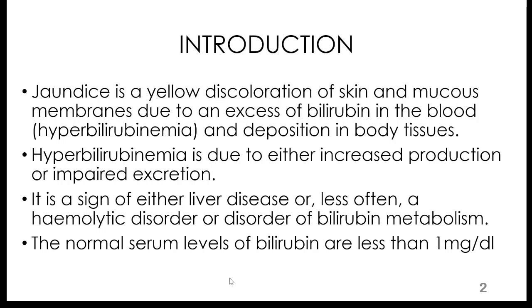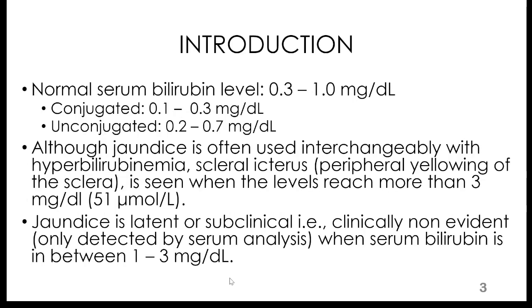Now, normal serum levels of bilirubin are less than 1 milligram per deciliter, and bilirubin may be conjugated or unconjugated. The levels of conjugated and unconjugated are shown on the screen.